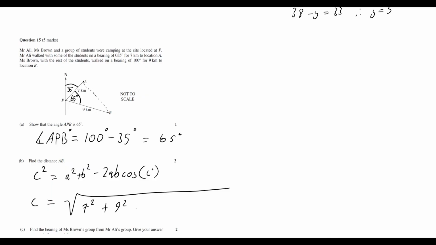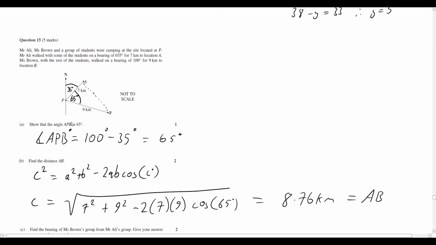So 9 squared, and then minus 2 times a, which is 7, times b, which is 9, times cos, which is that internal angle between sides a and b, which here is going to be 65 degrees. And there we are. So once we put that into a calculator, we find that length AB is going to be equal to 8.76 kilometers. And we'll write that that is equal to the length of AB.